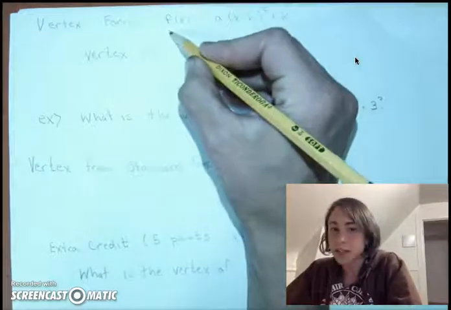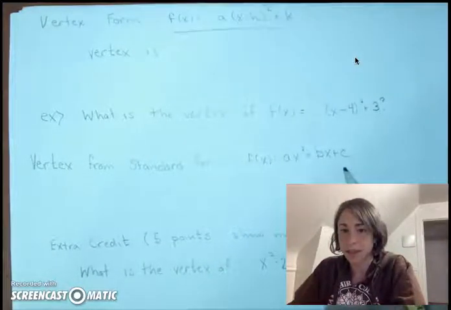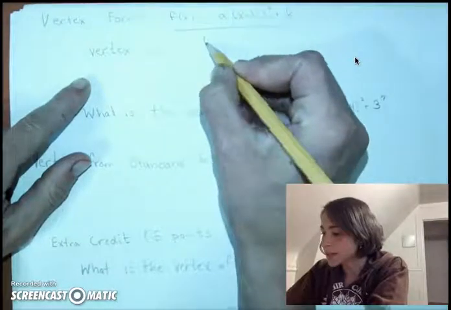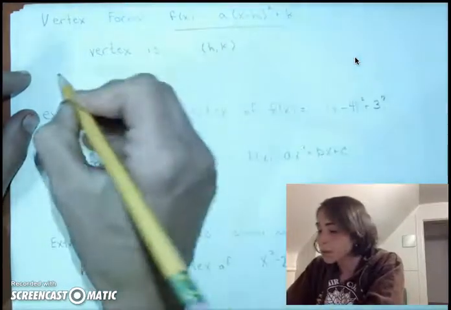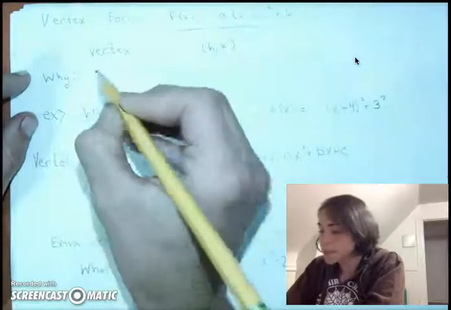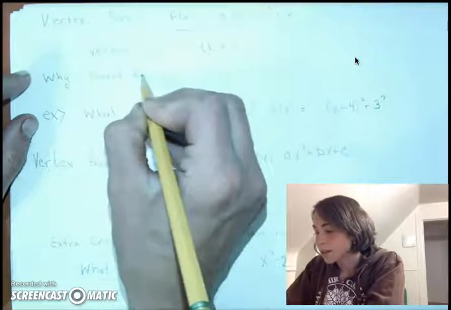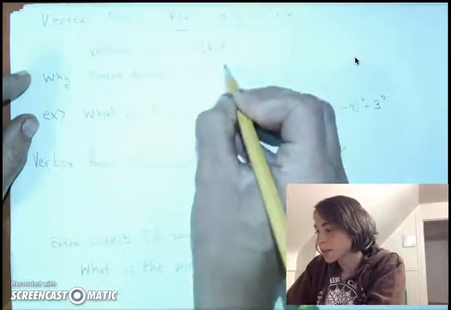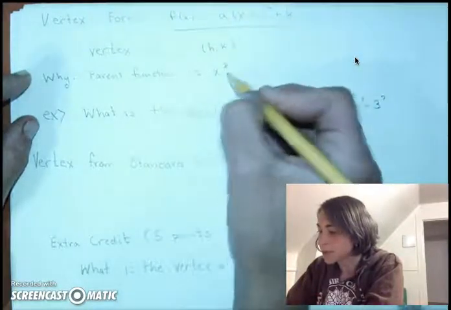Well, if our expression is written in this way, instead of in the standard form like this, then the vertex of the parabola is given by h comma k. Now, why is this true? We're going to do an exploration of this in class, but the basic idea is that the parent function is x squared. This looks kind of like the expression y equals x squared.